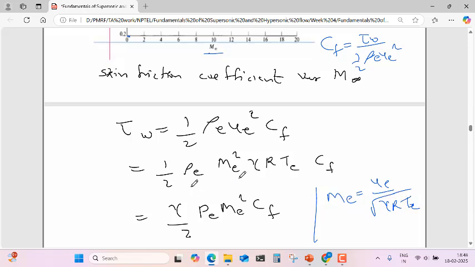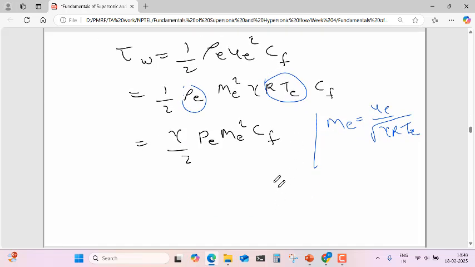Using this, and from the ideal gas equation, P equal to rho E R TE, we get gamma by 2 PE ME square CF.